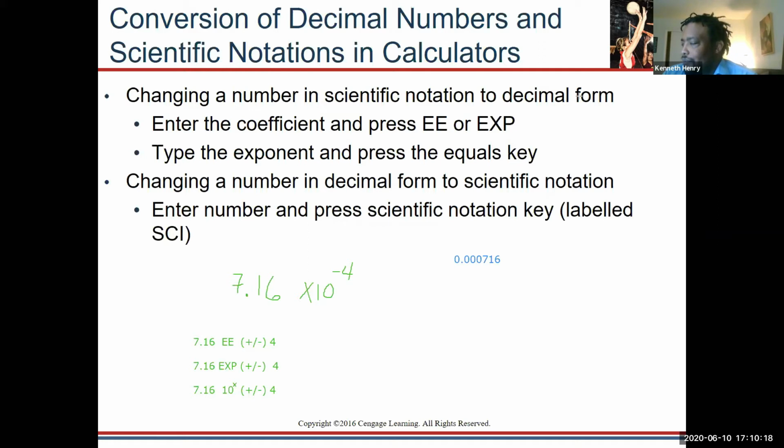Every time I do that, it says 71,600 is what I keep getting. It's not recognizing the negative number. So let's see. 7.16, EE, and then plus or minus.